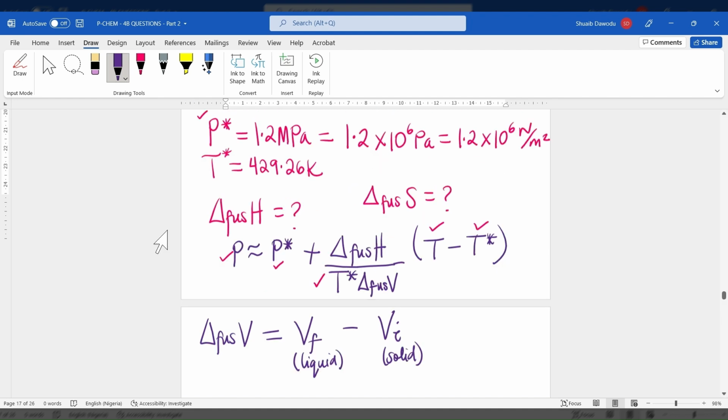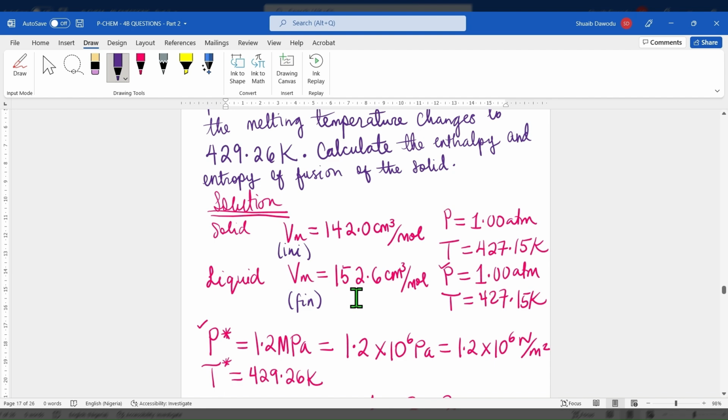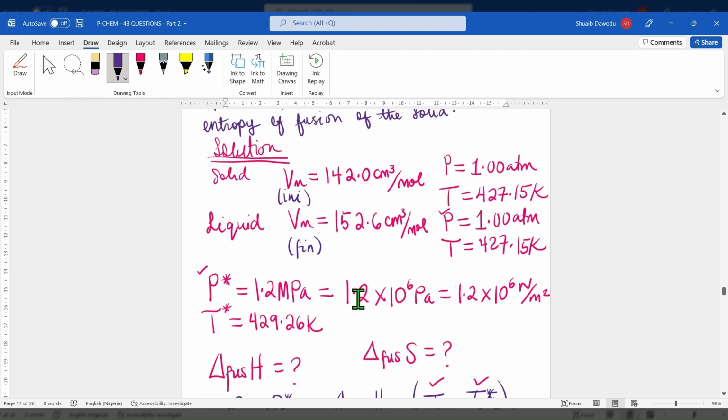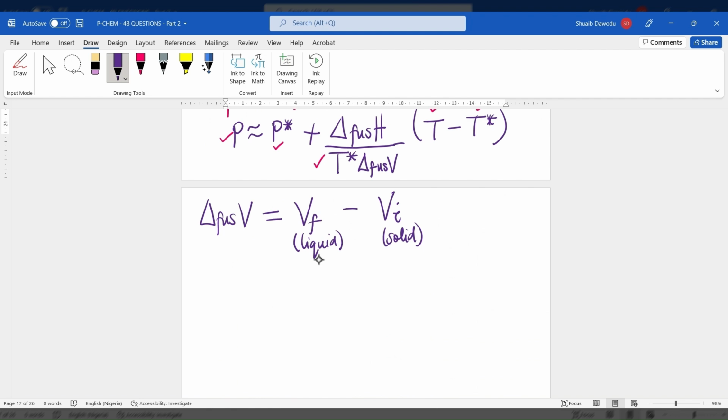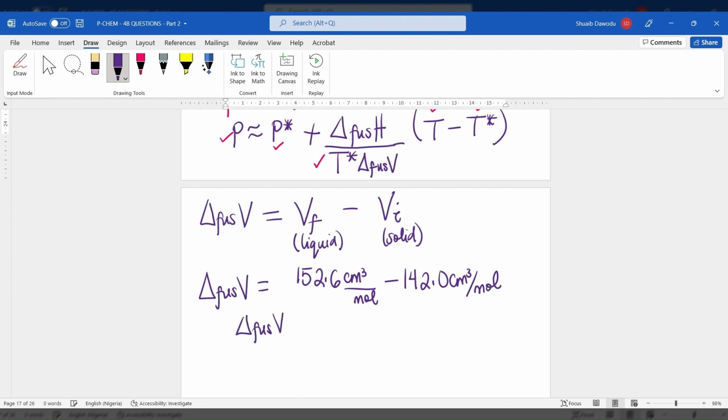V final is 152.6 centimeter cube per mole, minus the V initial, which is simply 142.0 centimeter cube per mole. When you input this in the calculator, you end up getting 10.6 centimeter cube per mole.